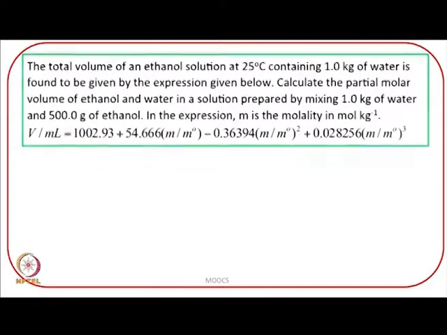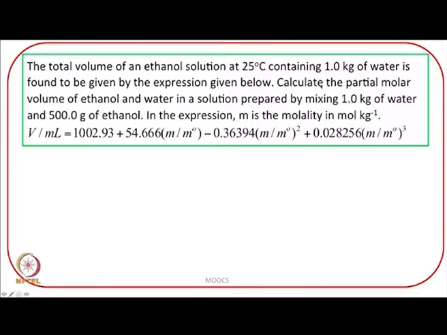Now let us discuss a numerical problem. The total volume of an ethanol solution at 25 degrees Celsius containing 1 kilogram of water is found to be given by the expression given below.